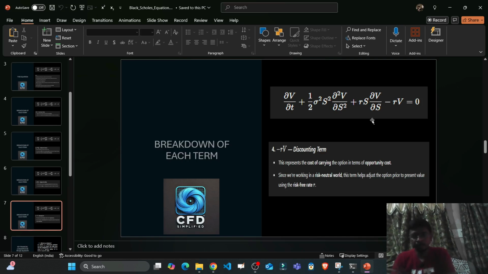With the help of this rV, you can adjust the value of your car, the sedan you want to sell in an era of SUVs. At what price can you sell it? With this term, you can adjust that price.